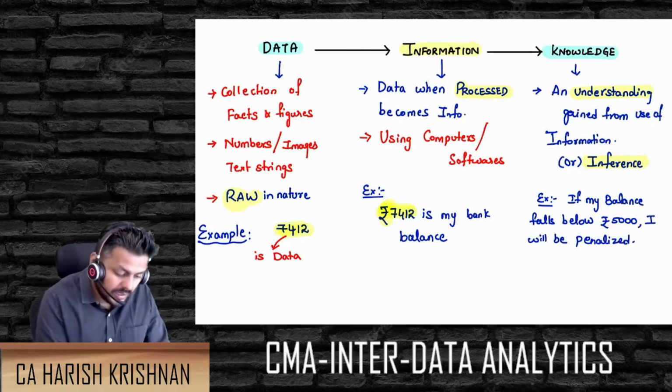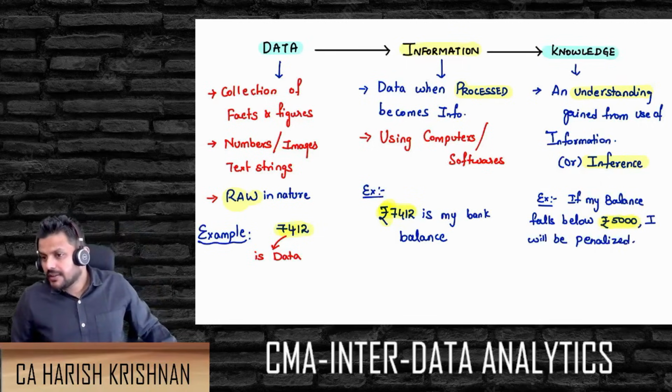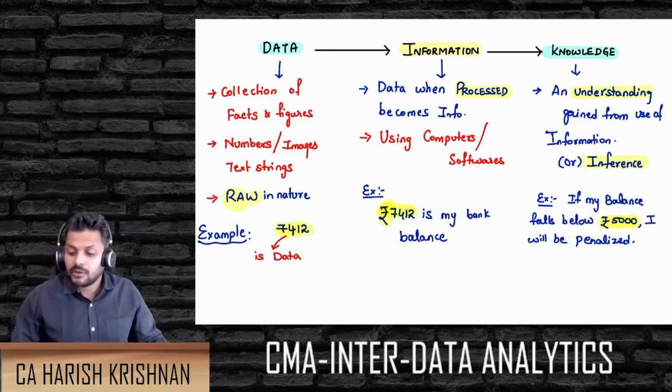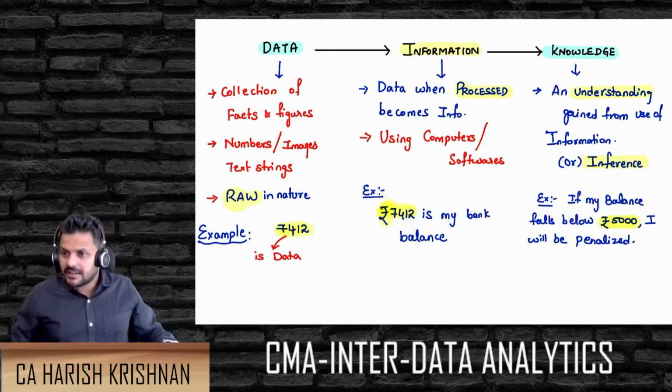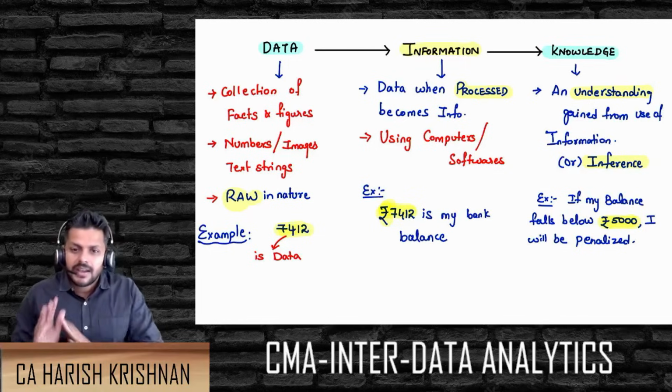This is knowledge. That is, your minimum balance is 5000 rupees. If you fall below 5000 rupees, you will be penalized. Knowing this is more of a knowledge. Understood? This is the simplest example I can give you. This is what data is, this is what information is, and this is what knowledge is.